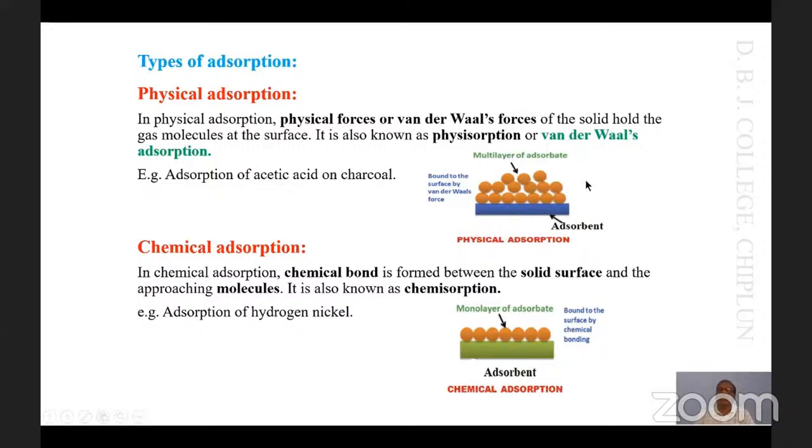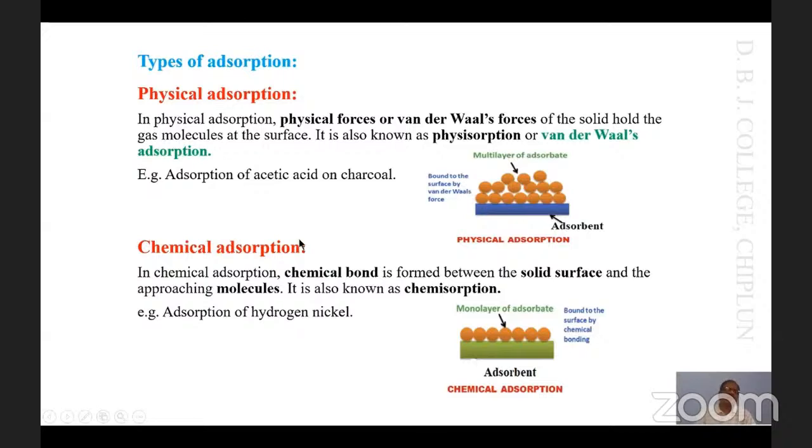On the other hand, if you lower the pressure of the gas onto the surface of an adsorbent, one by one the adsorbed layers get removed from the surface of the adsorbent. That's why we call this physical adsorption a reversible process.